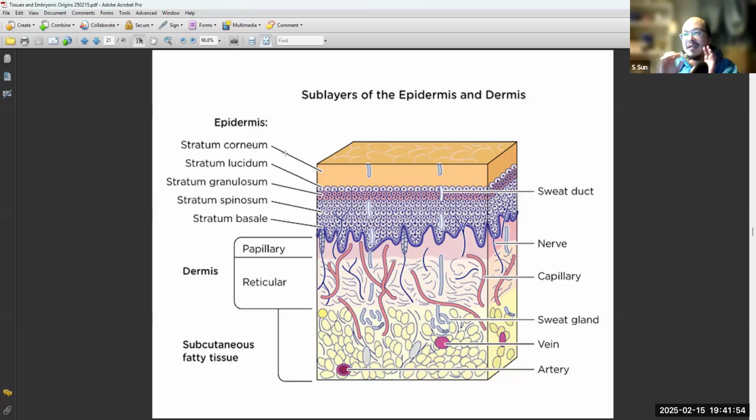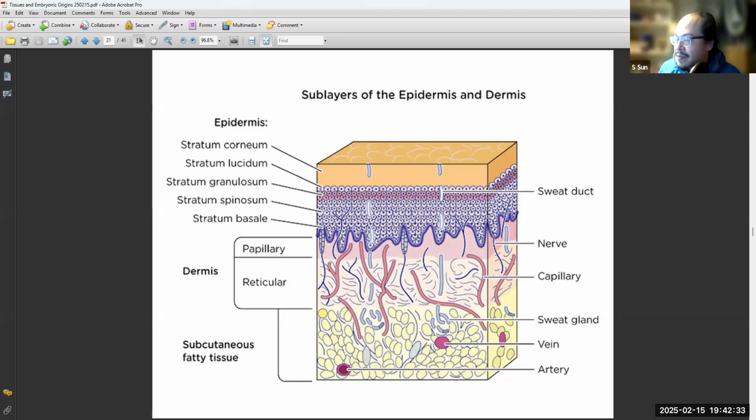These epithelium cells are originally generated in the basement layer, then they divide and push up. When they push up, they are further away from our blood vessel. Here is a capillary, that's a blood vessel. So they gradually die because they don't get nutrition. And so on the top, you have the dead epithelium to protect our skin.